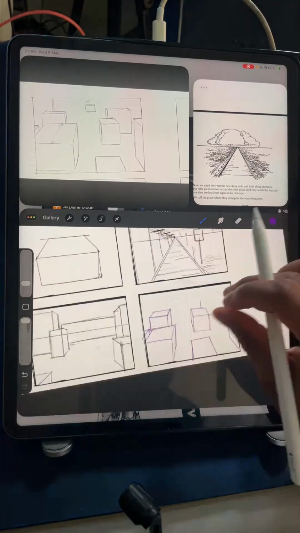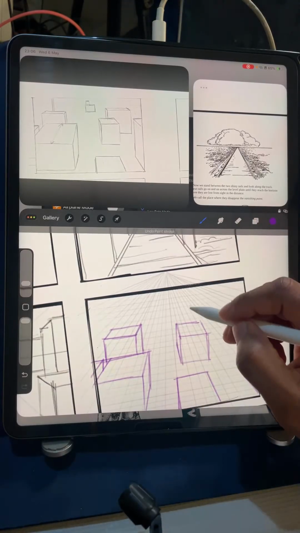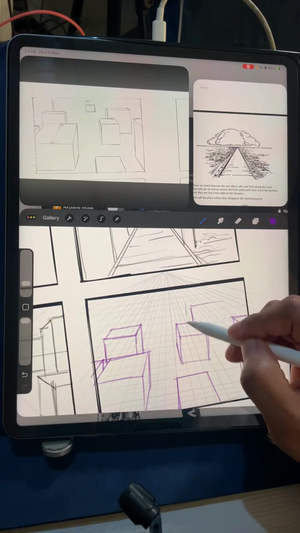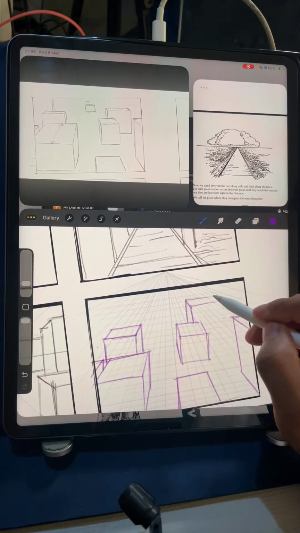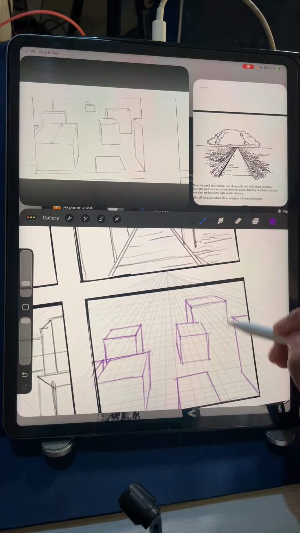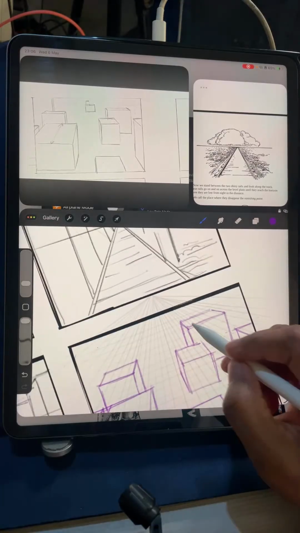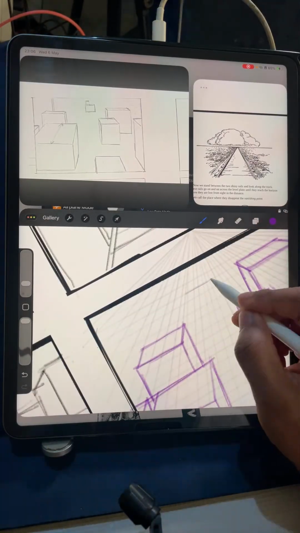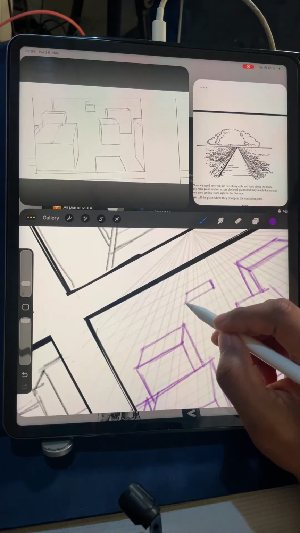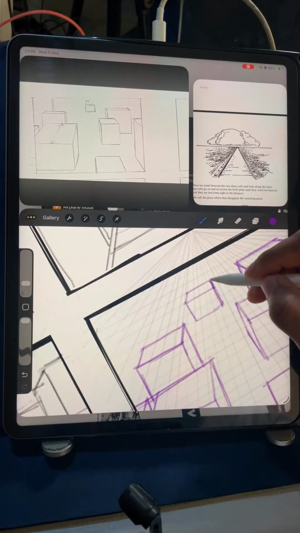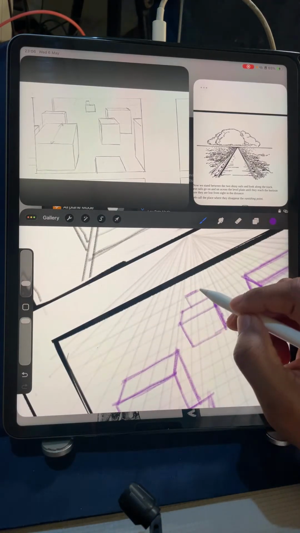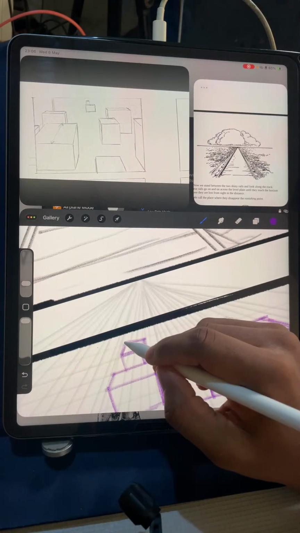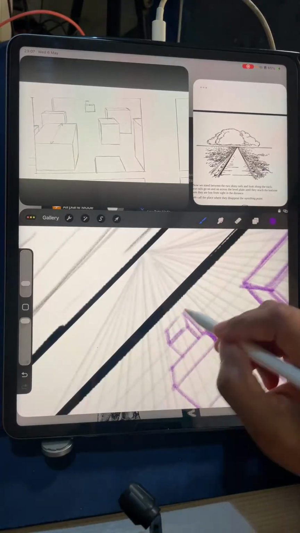I have another box over here. One more box way in the distance. And another one. You could ideally push it like this.